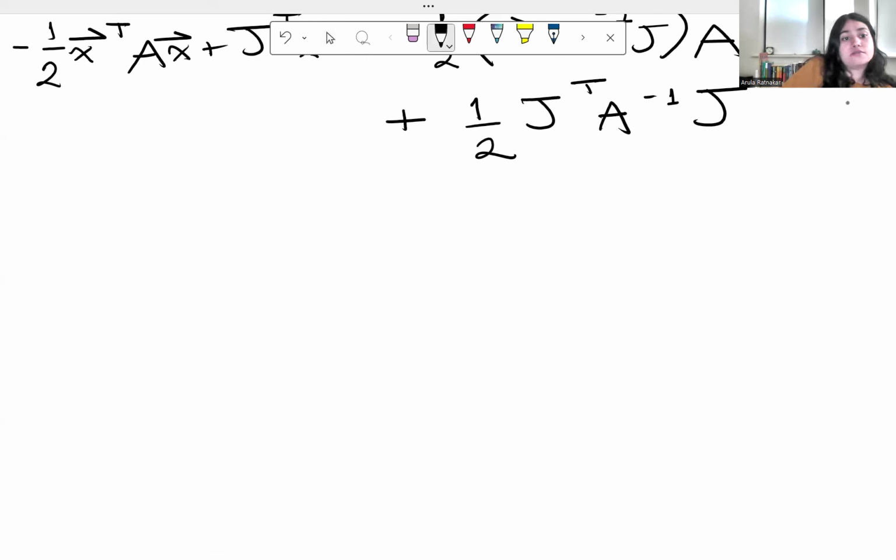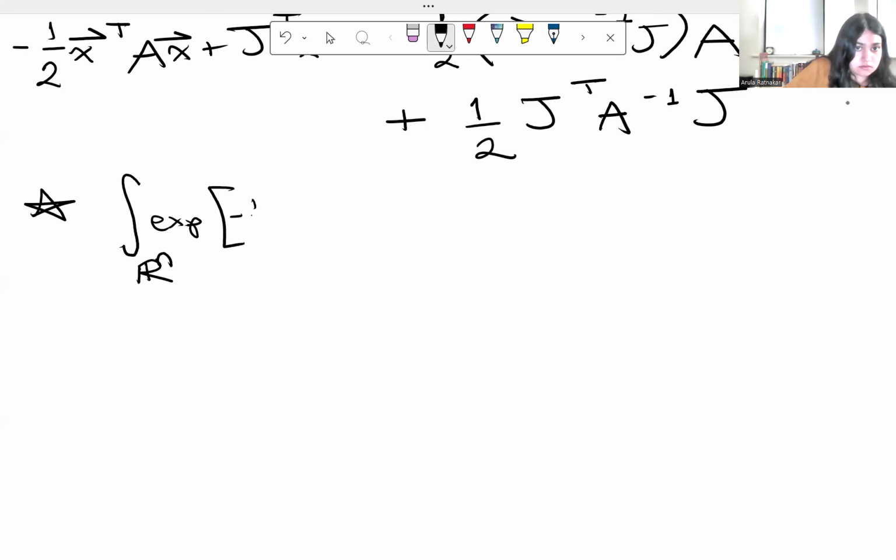Oh, before we do that, I'm just going to note that the multivariate, n-dimensional Gaussian integral with no source term would look like this. I really need to practice writing this thing, sorry.